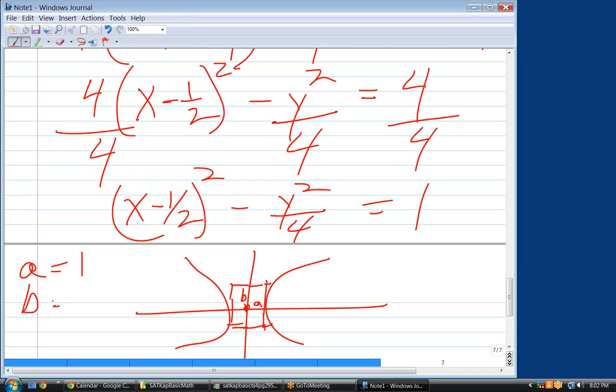What's B? B is going to be the square root of 4, which is 2. Now, with a hyperbola, c squared equals a squared plus b squared, so c is the square root of 5.